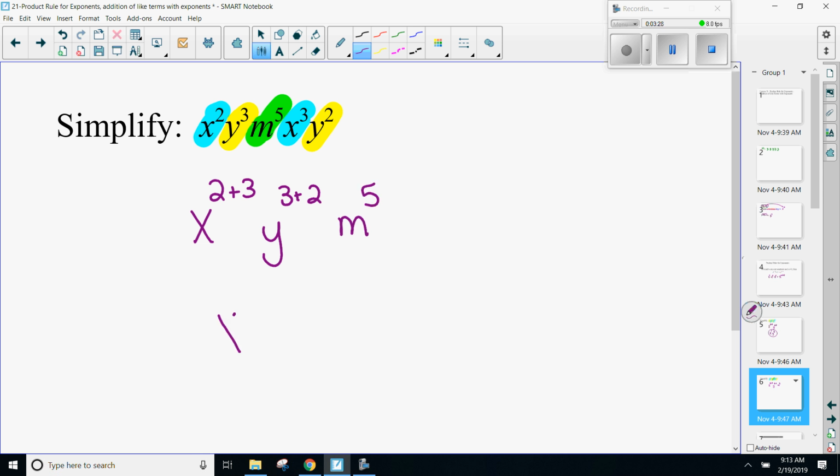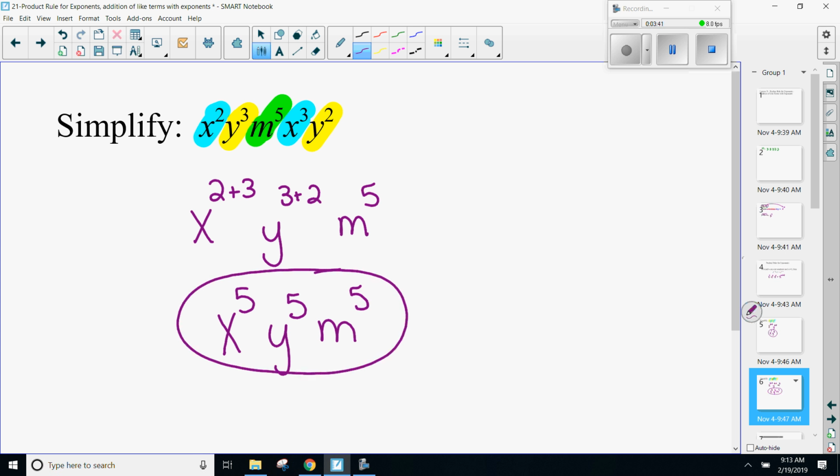So if you add the exponents, you would have x to the 5, y to the 5, and m to the 5th. There's the answer. So you went x, y, and m to the power once. Only one of them occurs once.